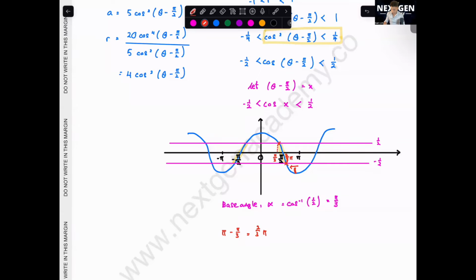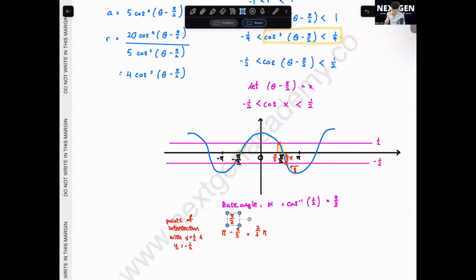So the positive ones, the points of intersection with y equals 1 over 2 and y equals negative 1 over 2, the angle will be pi over 3 is your first answer.